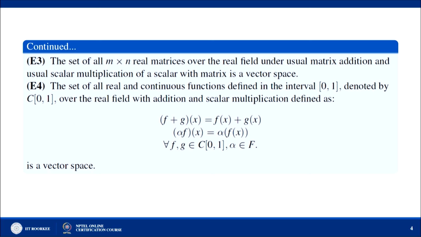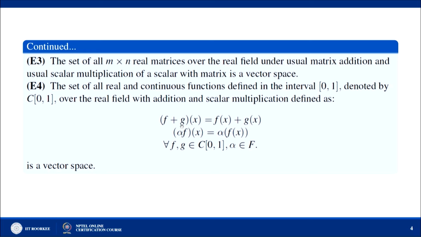You can simply see that with respect to plus, the sum of 2 continuous functions is also continuous. So, closure is satisfied. The identity element is 0, which is a continuous function belonging to this set. The inverse of any element f in C[0,1] is minus f, which is also in C[0,1], so the inverse element exists.